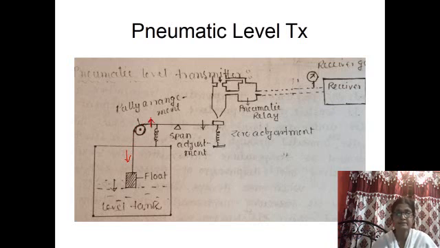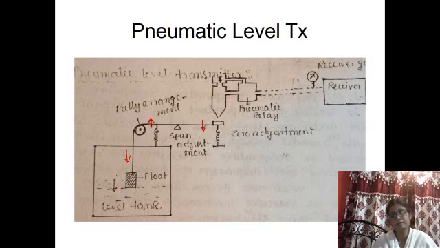Again, this beam is pivoted at this point, so as this moves upward, this edge will move downward. That means it will move away from the nozzle, so the nozzle feedback pressure will decrease. As a result, the output pressure will decrease. Now what happens? When the level decreases, the output pressure also decreases. Again, considering this is the direct action type.